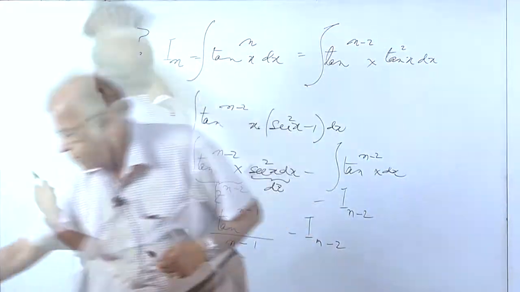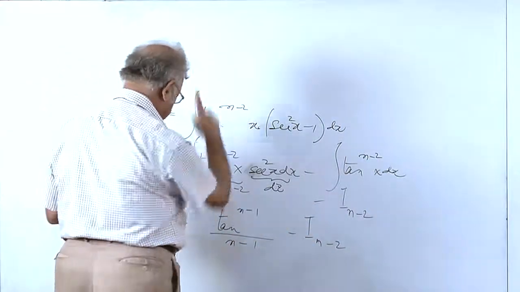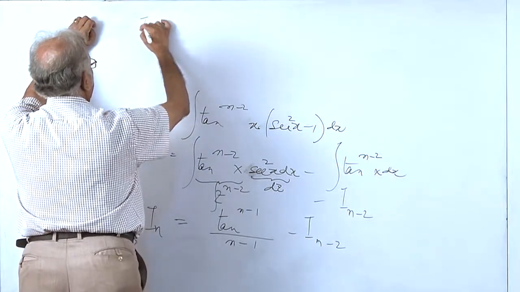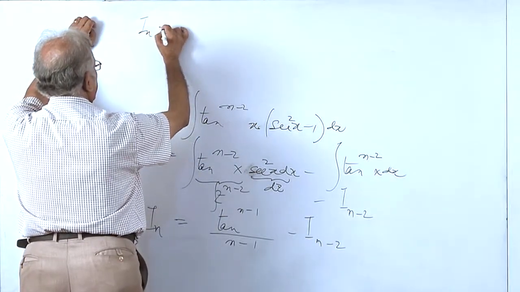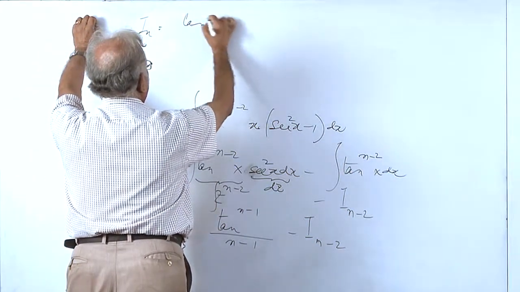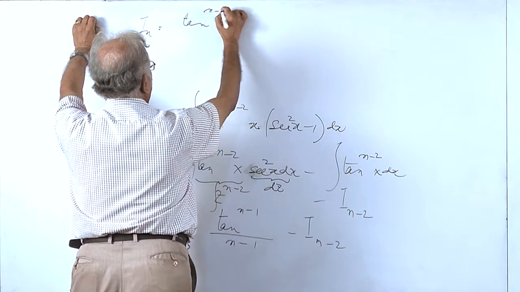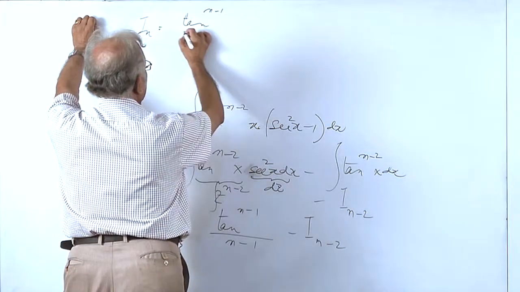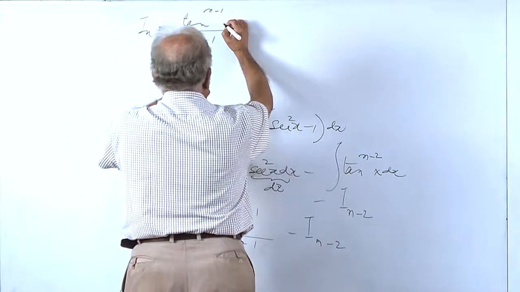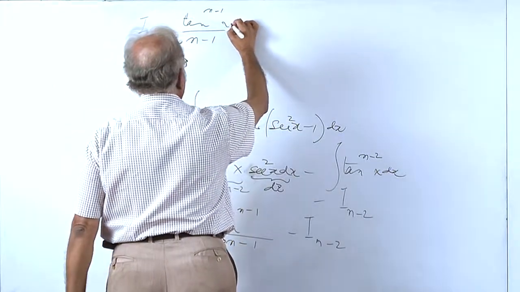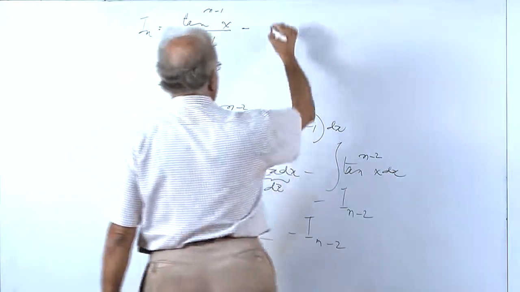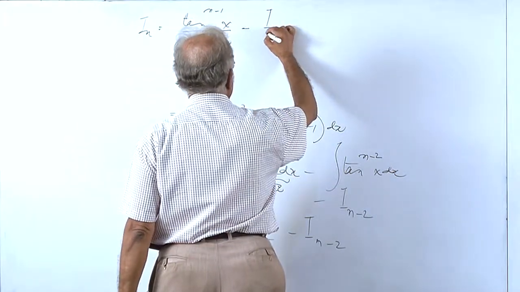Let's see. So having said that, if we write this on top, I sub n is equal to tan x to the power of n minus 1 divided by n minus 1 minus I sub n minus 2.